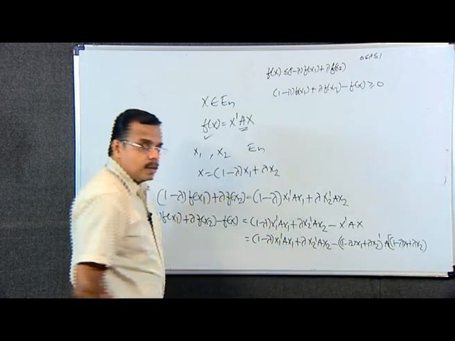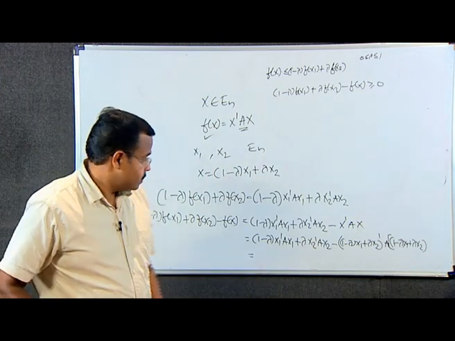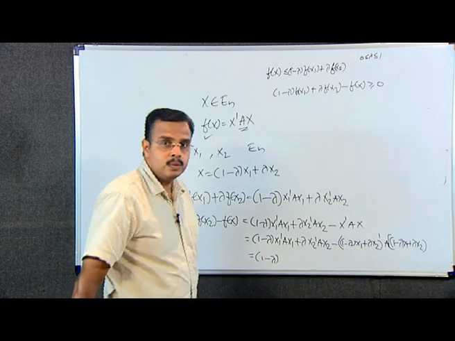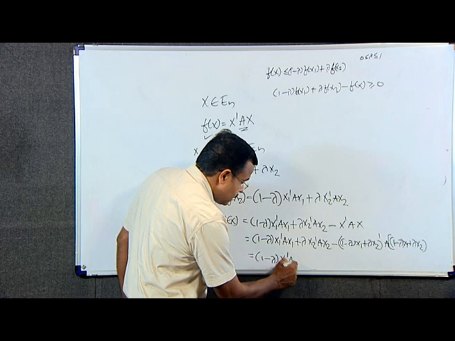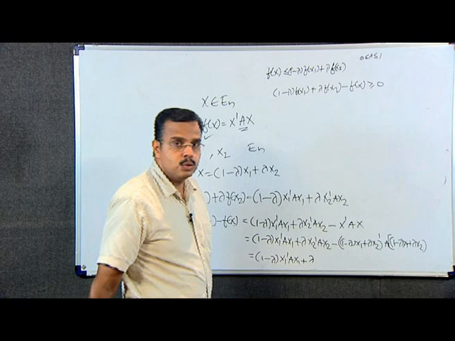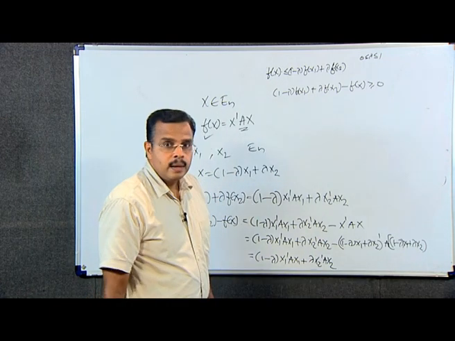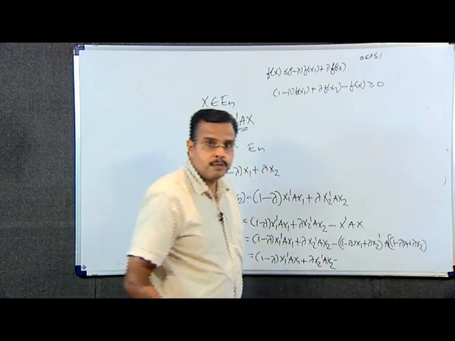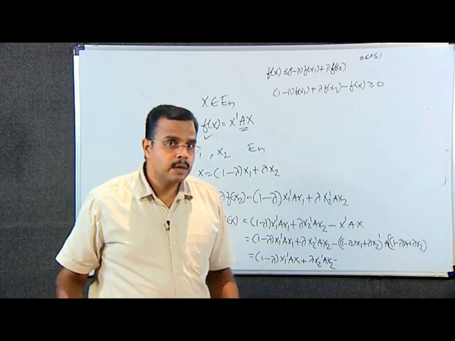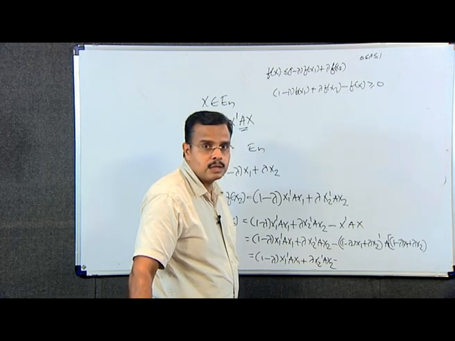Okay, that is equal to (1 minus lambda) into (x1 dash a x1) plus lambda into (x2 dash a x2), then minus of this: (1 minus lambda) into x1 plus lambda into x2 dash into a into (1 minus lambda) x1 plus lambda x2.